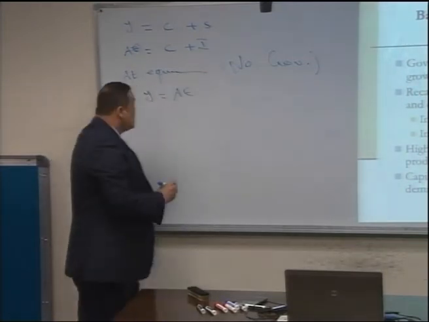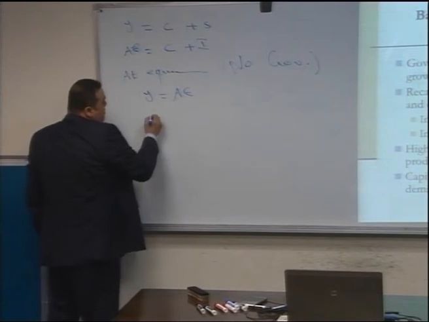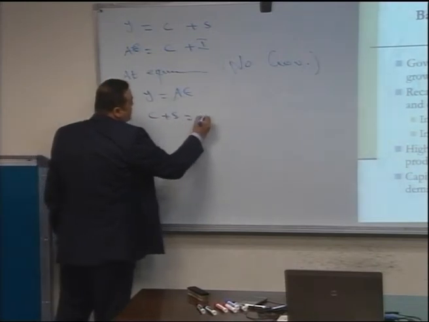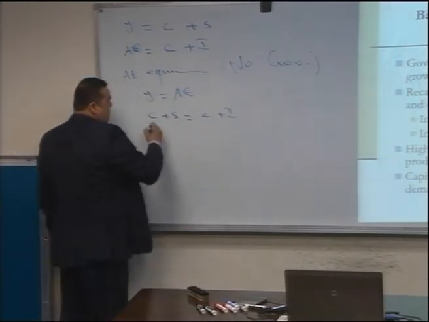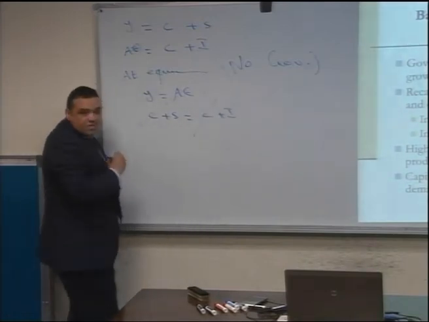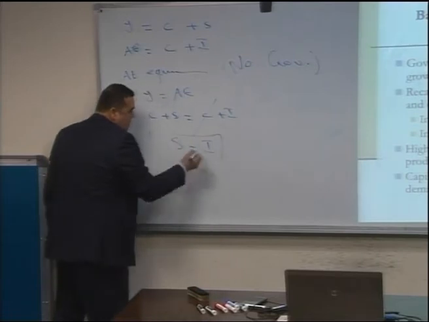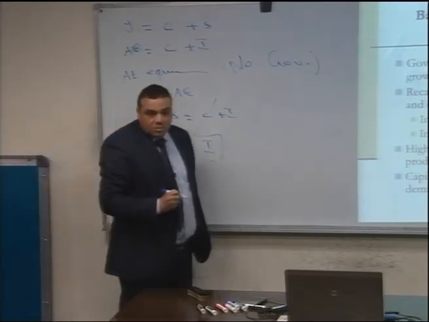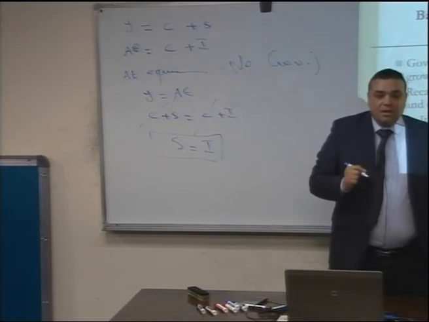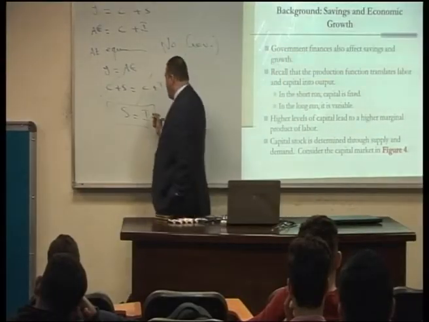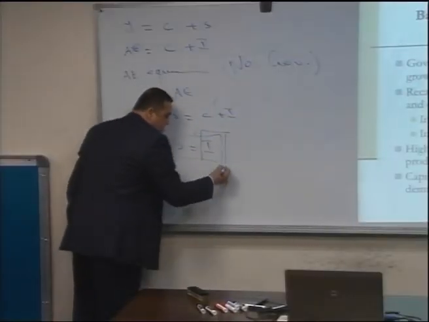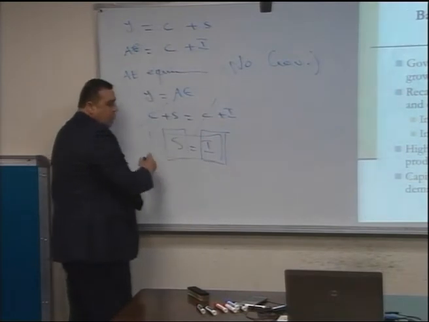So C plus S equals C plus I, or C subtracted from C. So saving equals investment at equilibrium. Right? Injections equal leakages out of the spending stream.